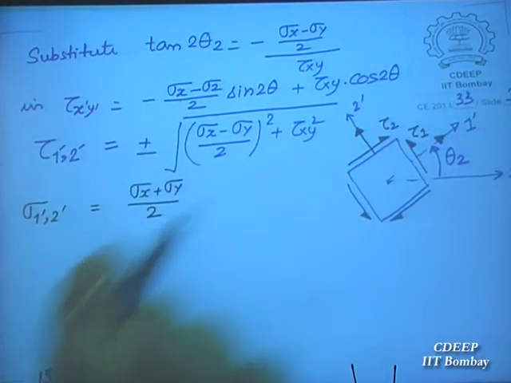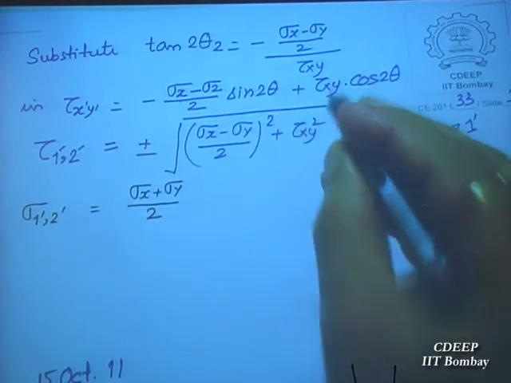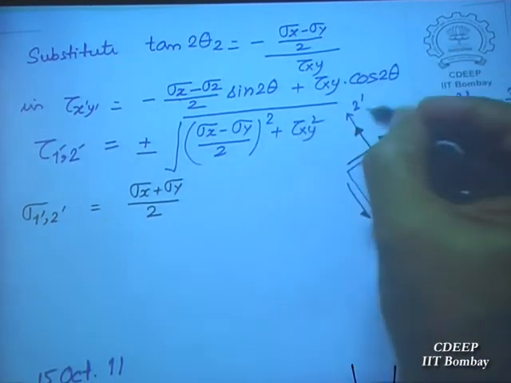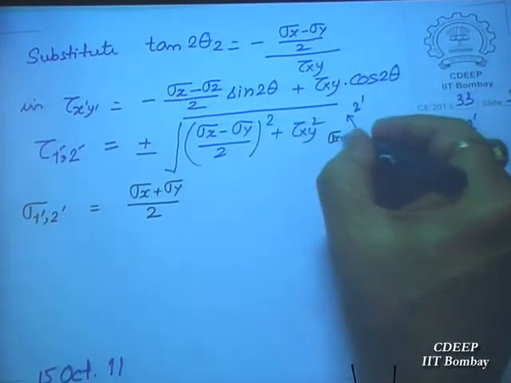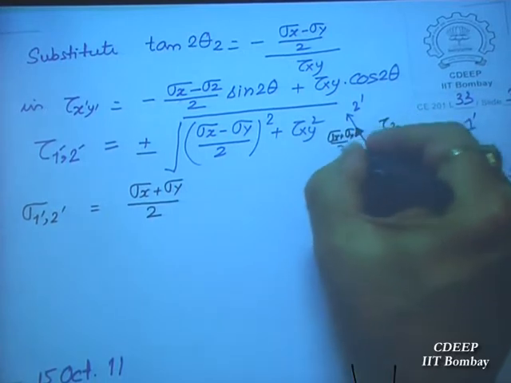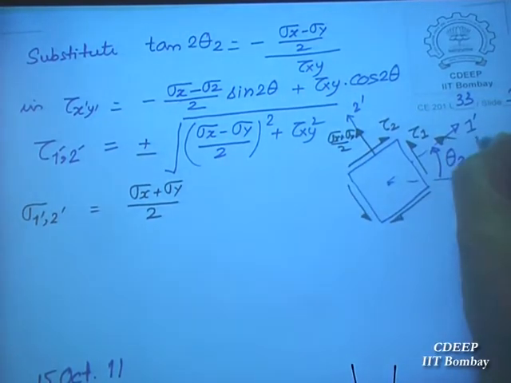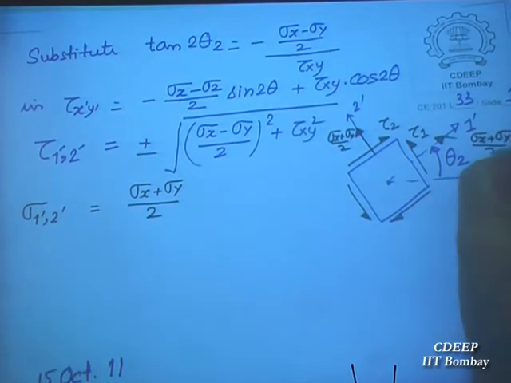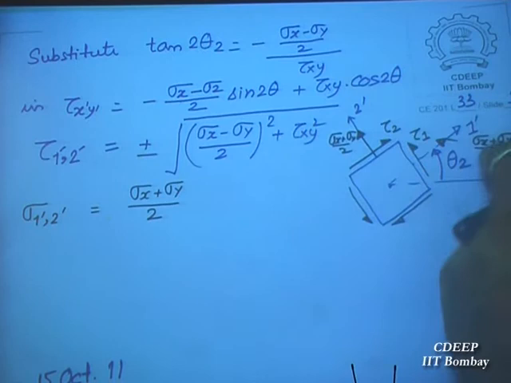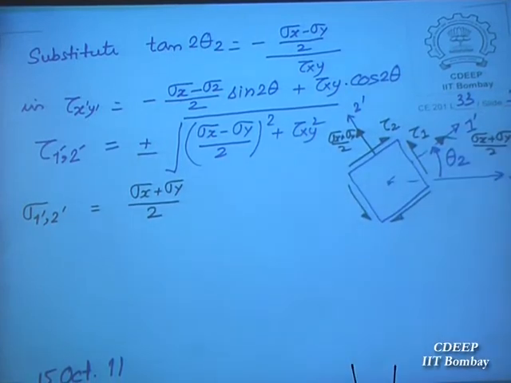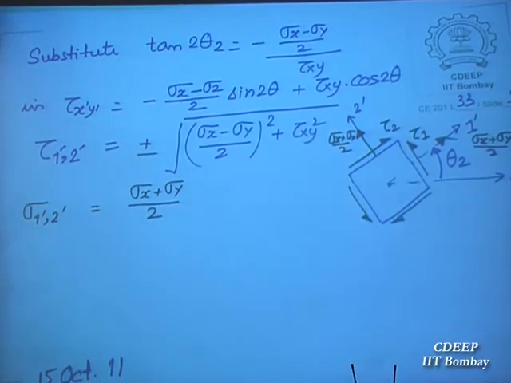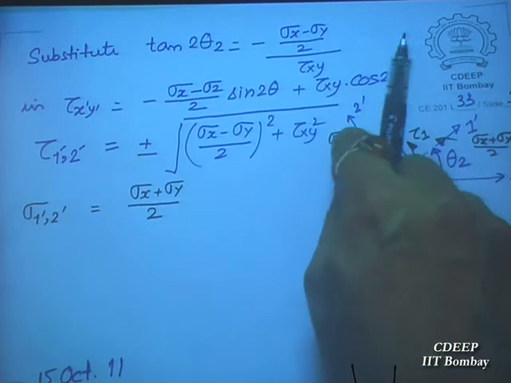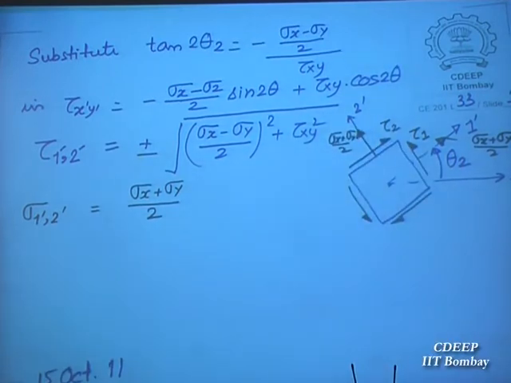So half of that will always be acting. This is sigma x plus sigma y by 2, and when you add these two, it becomes sigma x plus sigma y. Is it not? So half of this will always be acting.